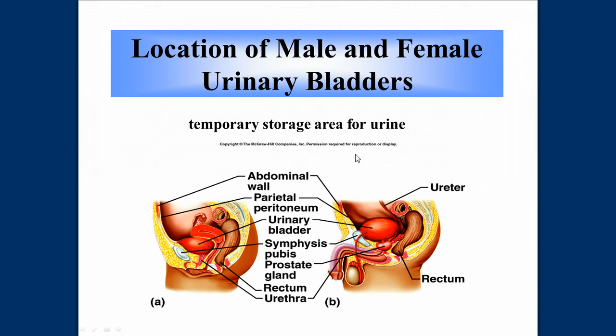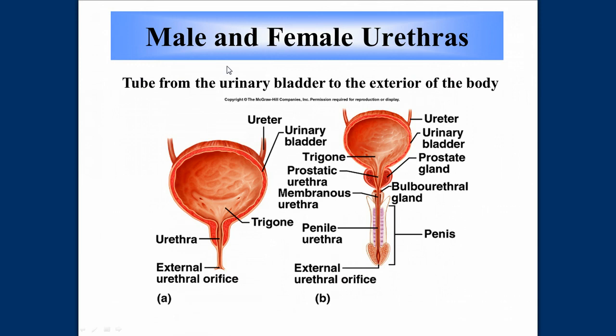It is for temporary storage of urine. It's found just posterior to the symphysis pubis in the male also, right above the prostate gland. The tube from the urinary bladder to the exterior of the body is the urethra.